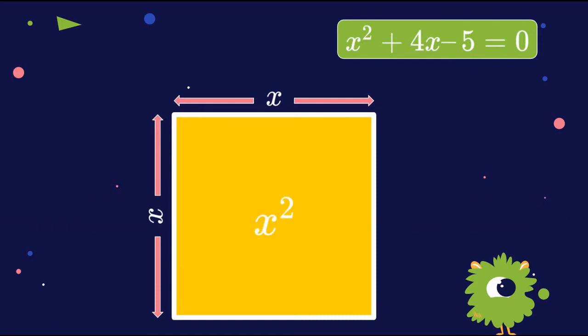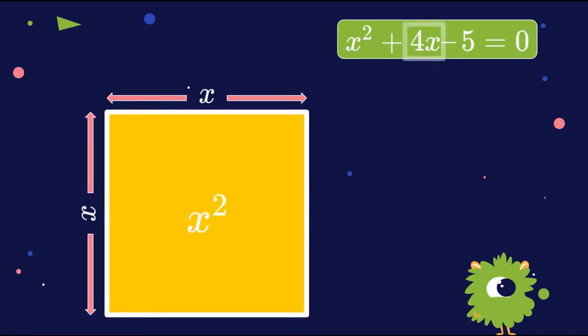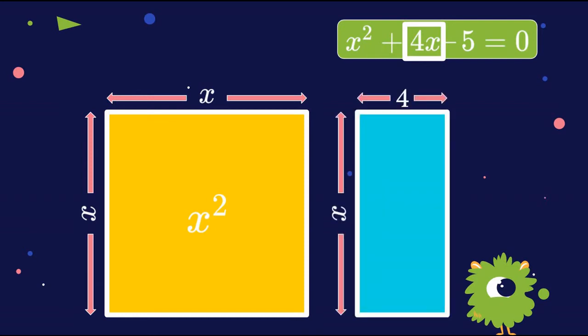And that's what we wanted because the first term in this equation is x square, of course. Now, look at the second term in the equation, that is 4x. So, let us build a rectangle with a length of 4 and a breadth of x. And then the area of this rectangle would be 4x itself.